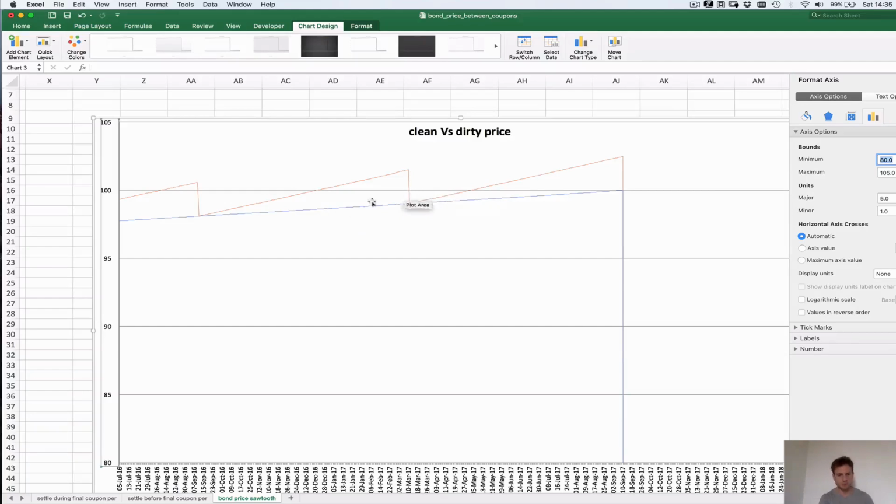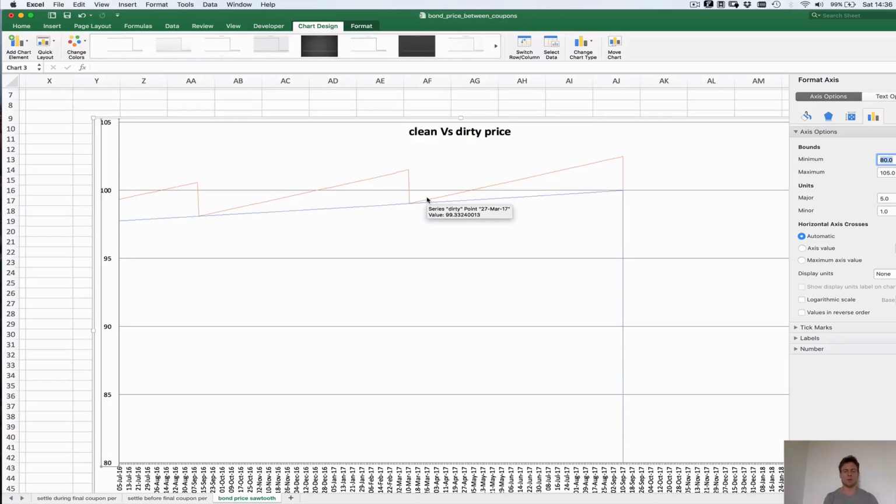So if you want to study the price of a bond over time, or compare this bond with another bond, if you compare the dirty price on this day and this day, there's a massive difference.